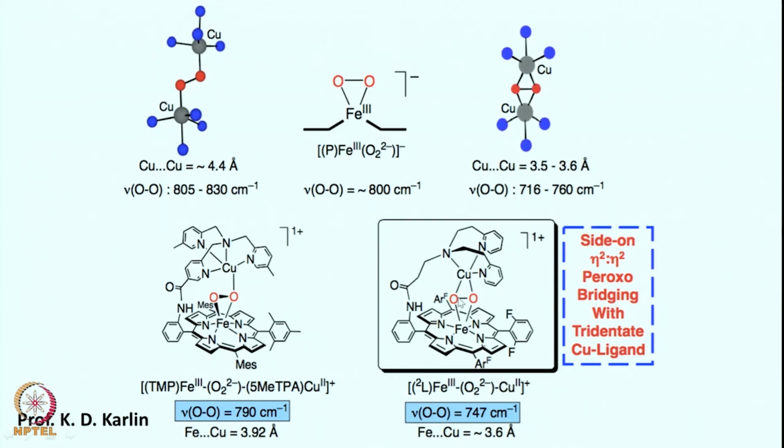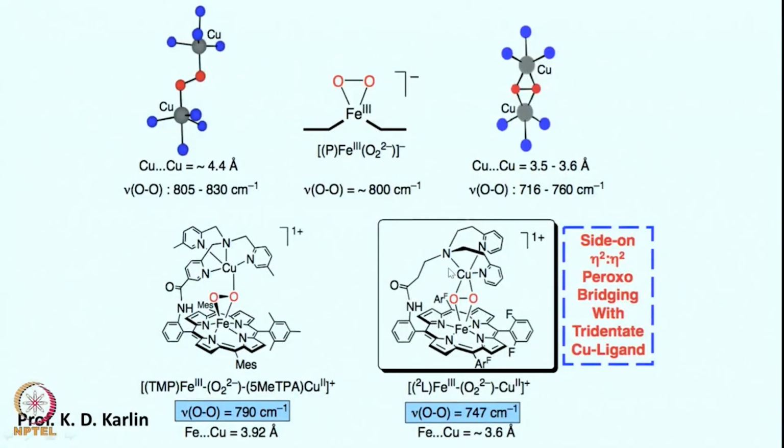I think this is the beauty of synthetic bioinorganic chemistry coupled with spectroscopic and computational studies. Now we as a community, the synthetic community and the bioinorganic community, are quite sure that this is the case in the enzyme. So this is how iron copper will be bound with oxygen, where oxygen is reduced by 2 electrons.